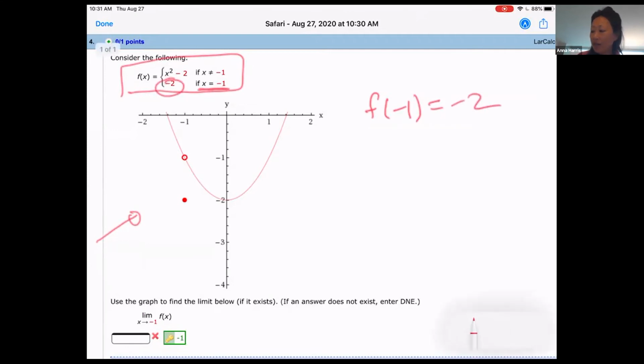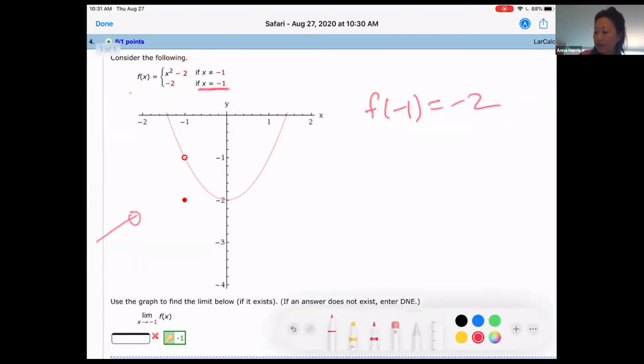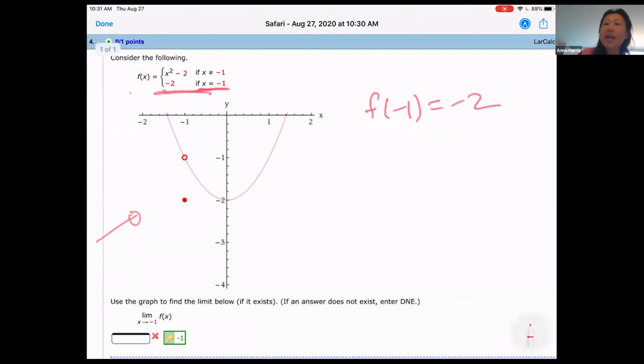So you can tell algebraically because it told you so. It says x equals -1, you use -2. And graphically you can also tell, because this graph, the first one, x squared minus 2 gives you that graph, except at -1.